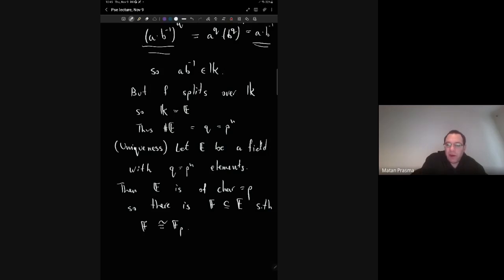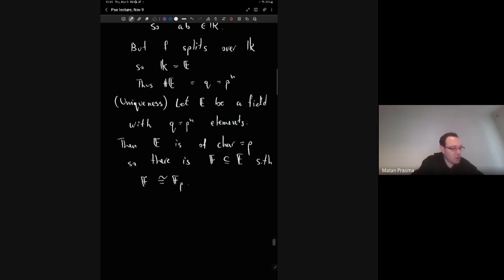And now I take a look at what I call E star. This is simply you take E, you remove the zero element, and you consider it as an abelian group with respect to multiplication and the unit element 1.